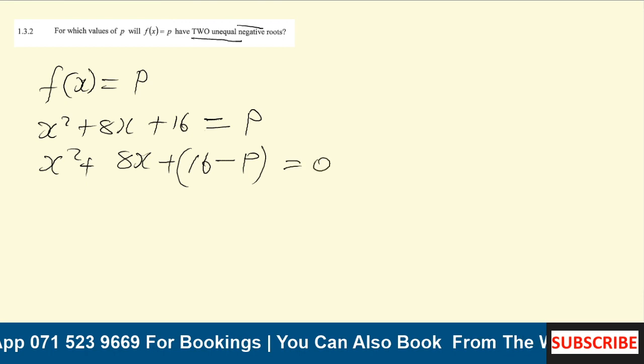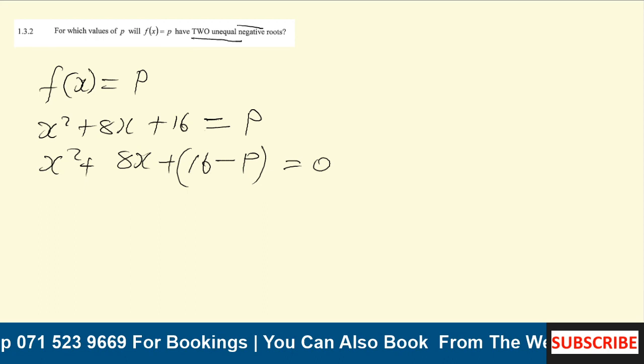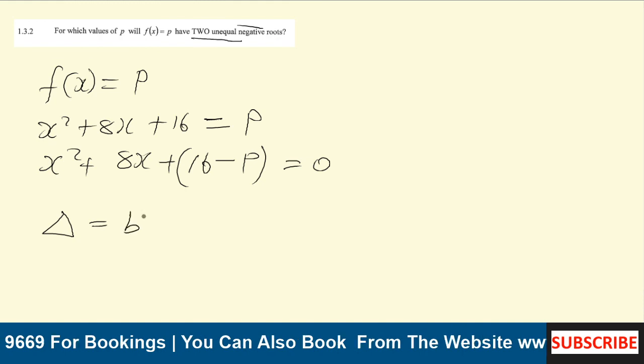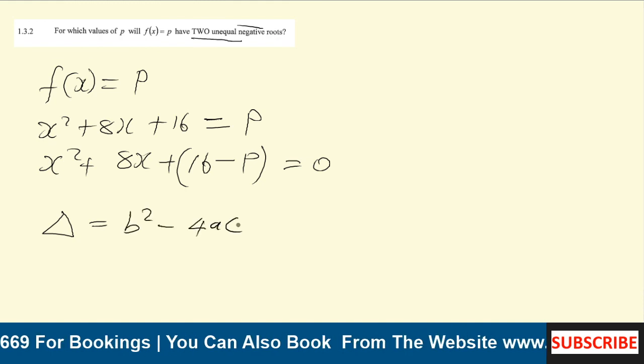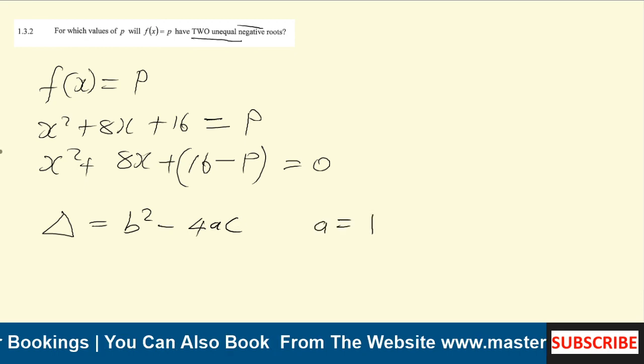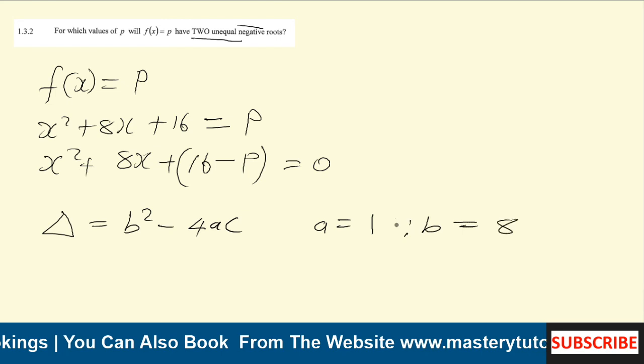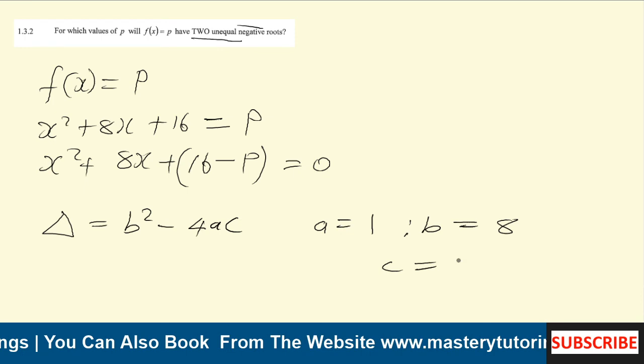Now we're going to determine the discriminant. The discriminant is given by b squared minus 4ac, where we know that a is the coefficient of x squared, b is the coefficient of x, which is 8, and c is the constant, 16 minus p.